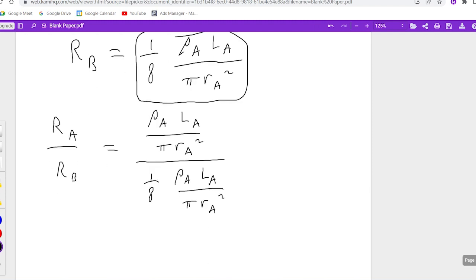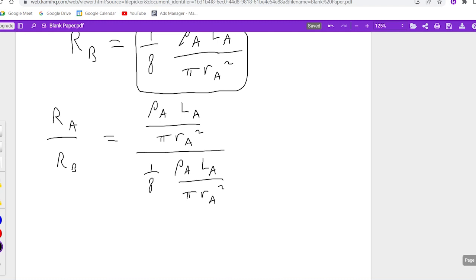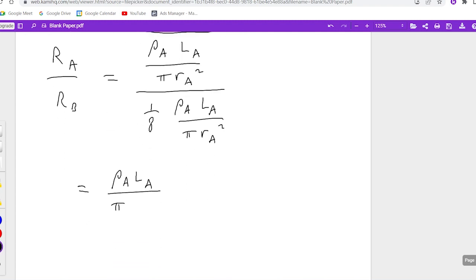Now at this point, maybe you see some things cancel out. I'm not going to cancel them out just yet. What I'm going to do instead is say this is a complex fraction. Whenever you want to deal with complex fractions, multiply by the reciprocal. So I'm going to rewrite it like this: rho A LA over pi RA squared times the reciprocal. Flip it. 8 over 1 times pi RA squared divided by rho A LA.